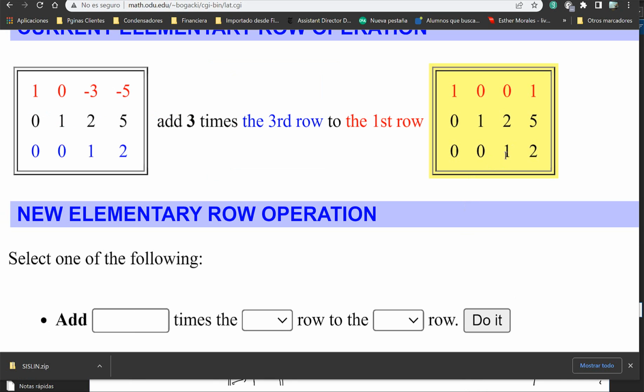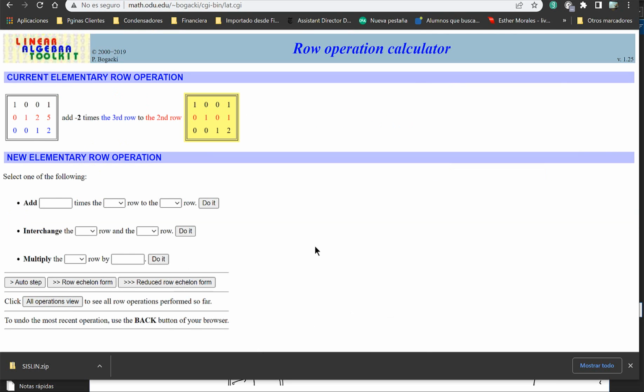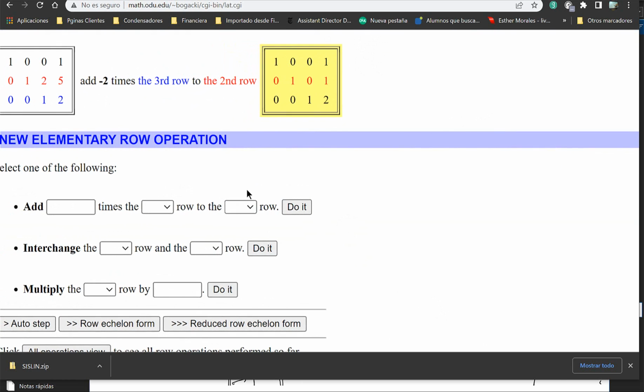Now add -2 times the third row to the second and get a 0 there. Here it is. Now you have the pivots in the corners. From left to right, they are moving to the right, which is called an echelon matrix, escalones.